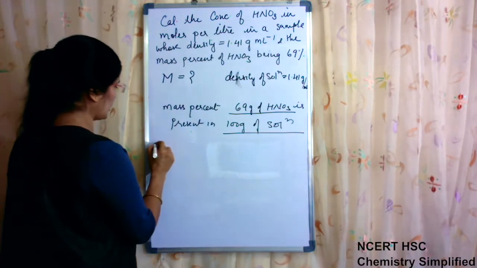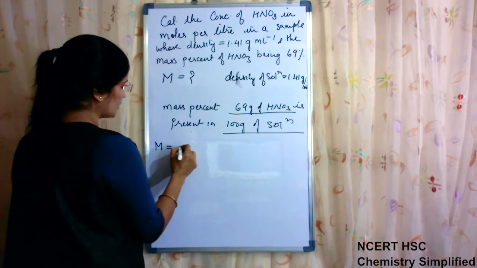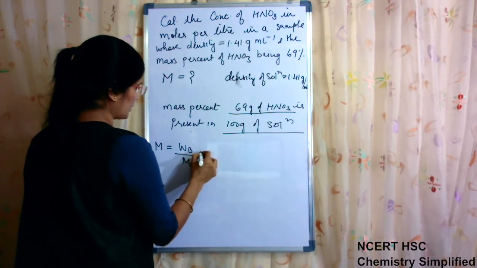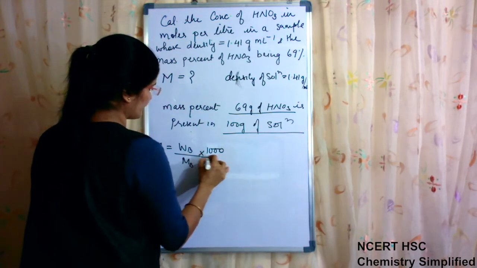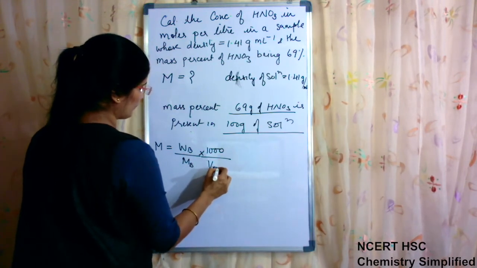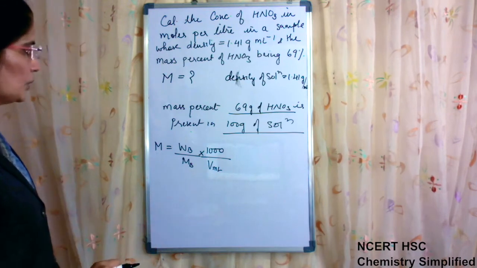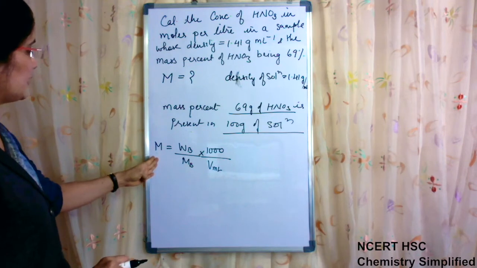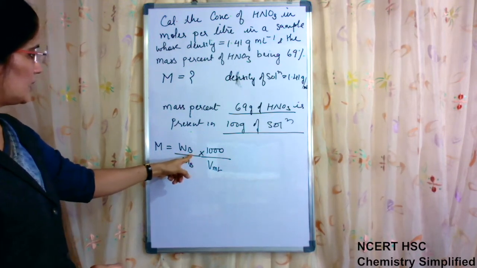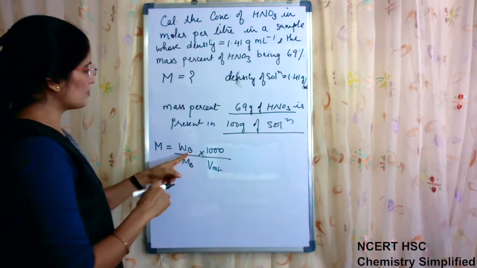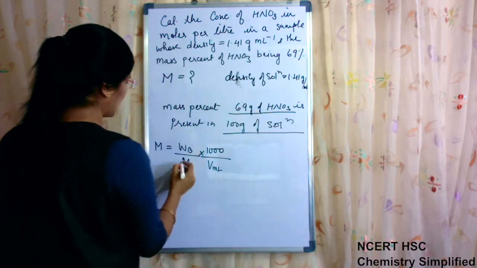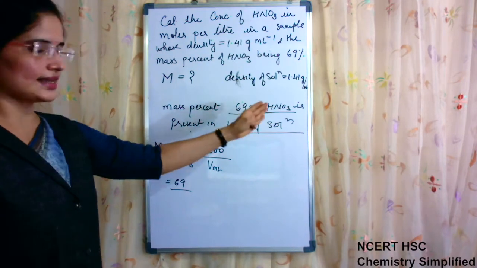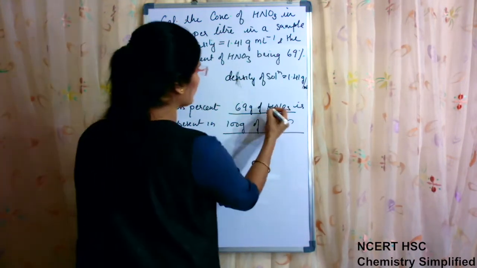Now we come to the formula. Molarity is equal to weight in grams upon molar mass multiplied by conversion factor 1000 upon volume in ml. Now we have to see what is available. Molarity we have to find. WB, the mass in grams of nitric acid, is 69, which is given. The molecular mass of nitric acid is not given, so we can calculate it from the formula.